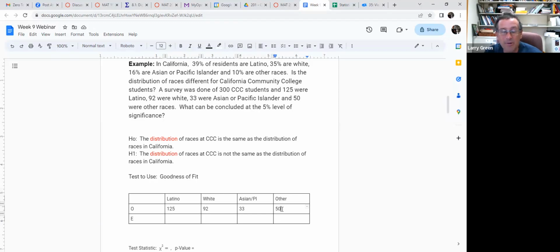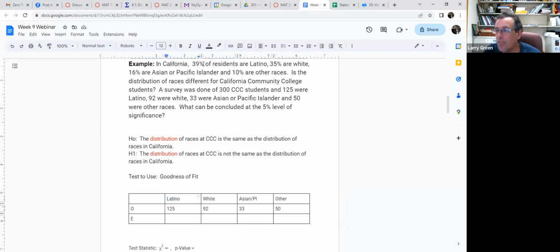The expected, we have a little bit of work to do. So for the expected, we have to say, well, we surveyed 300 California community college students. The expected means that if H0 is true, how many Latinos would we expect to get from our survey?